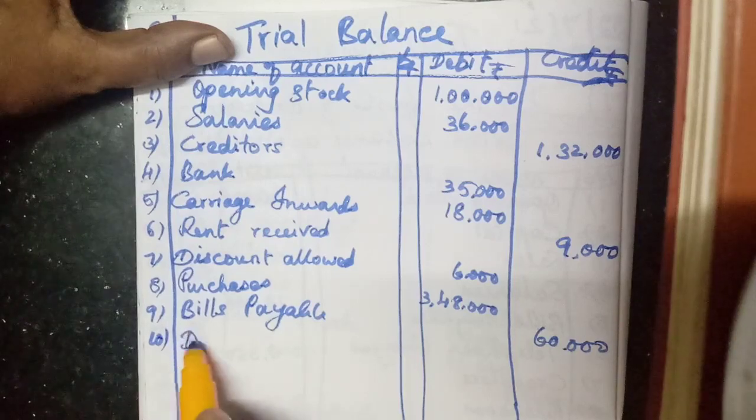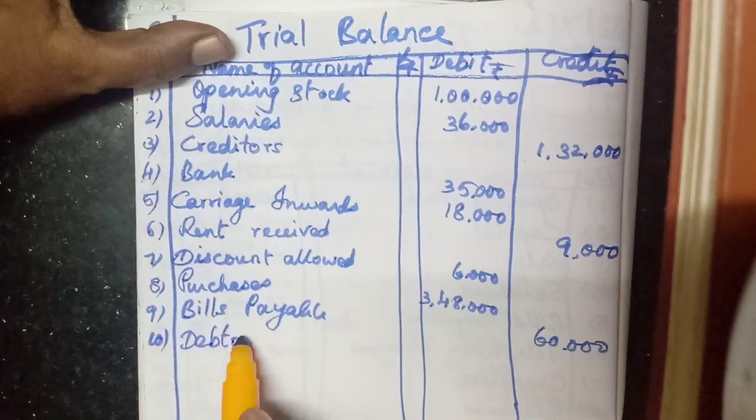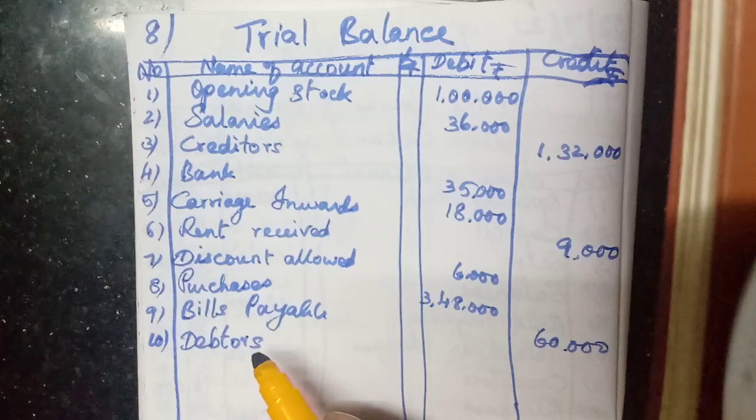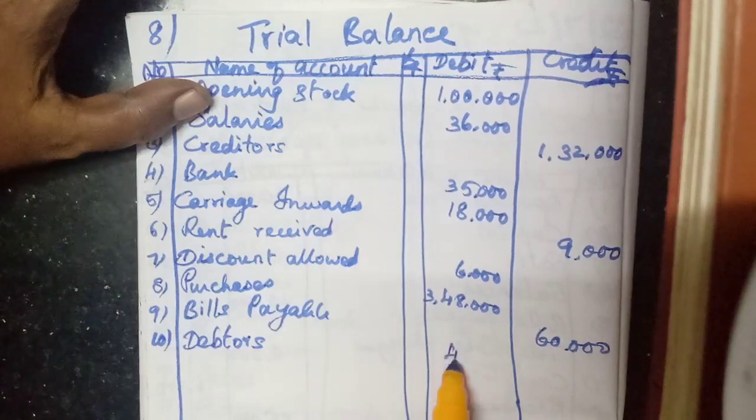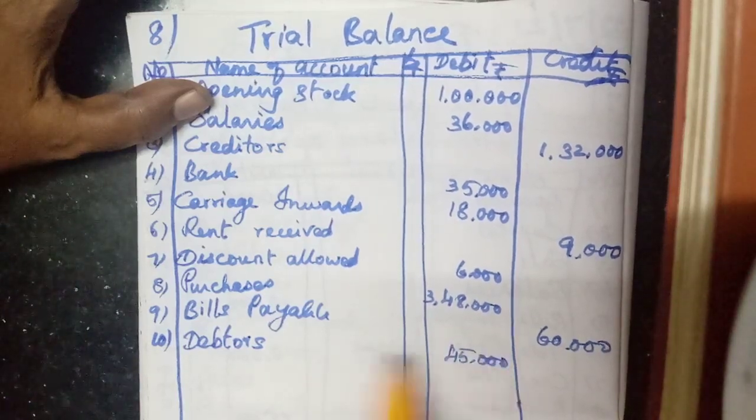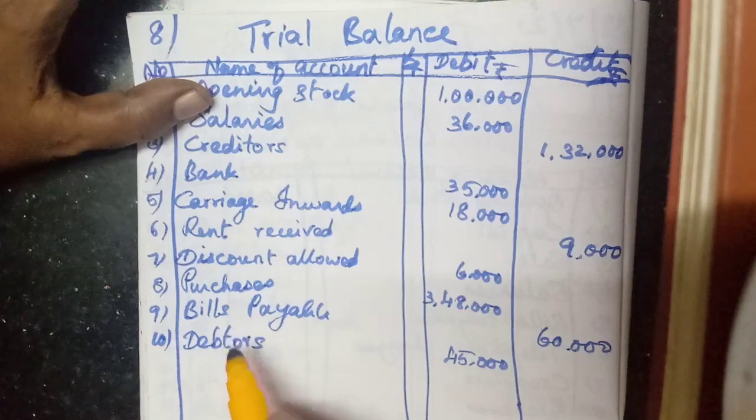Debtors. Debtors should be debited. They have done wrongly there. Okay, debtors 45,000. Carriage outwards.